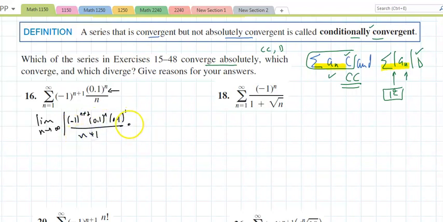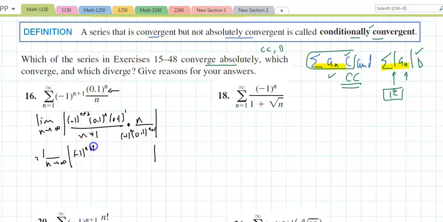And instead of dividing, I'm going to multiply by the reciprocal. Now, in the absolute value, the negative is going to disappear, right? So this is going to be plus 1. This is going to be negative 1 to the n times negative 1 to the n plus 1.